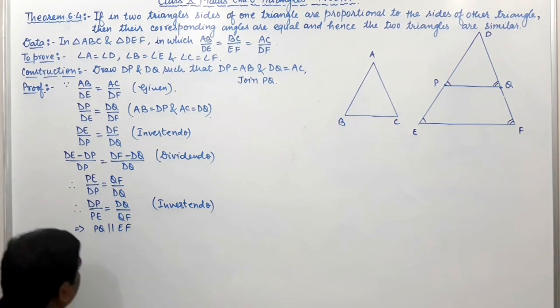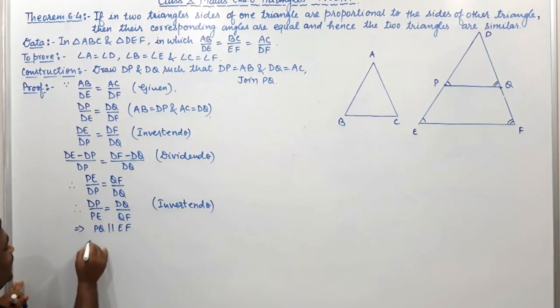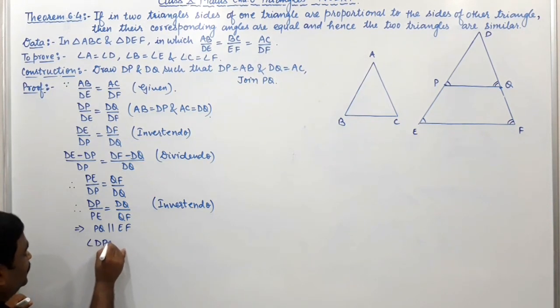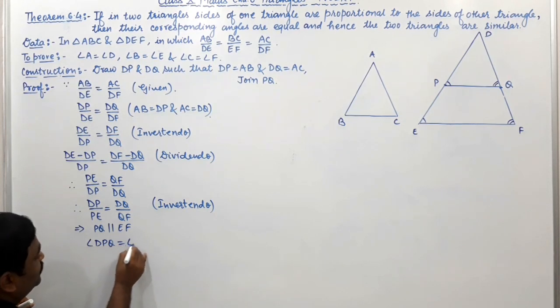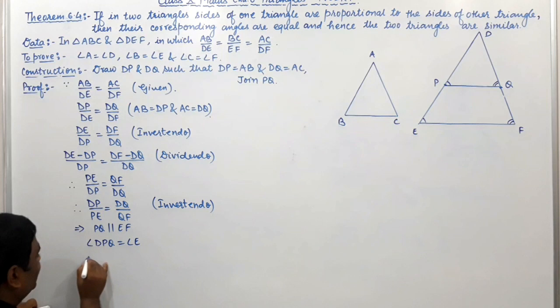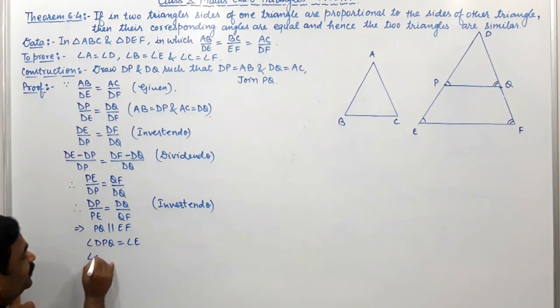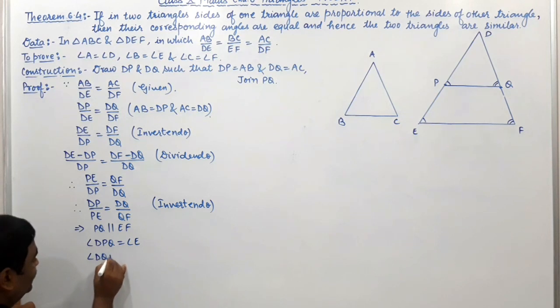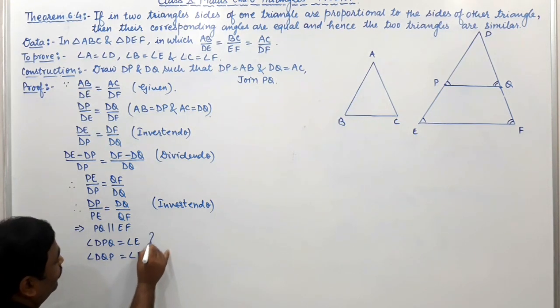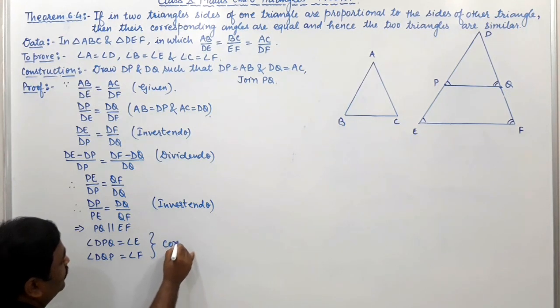What can you write? You can say that angle DPQ is equal to angle E and angle DQP equals angle F. Why? Because they are corresponding angles.